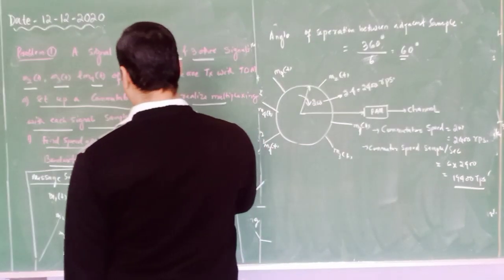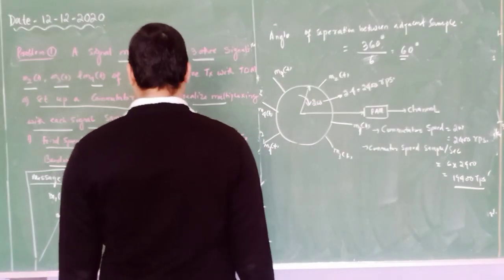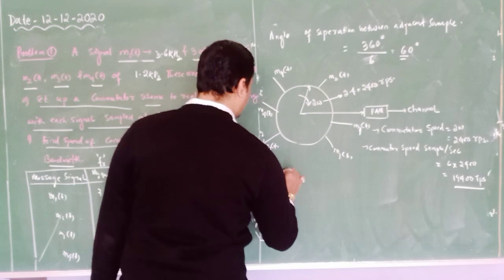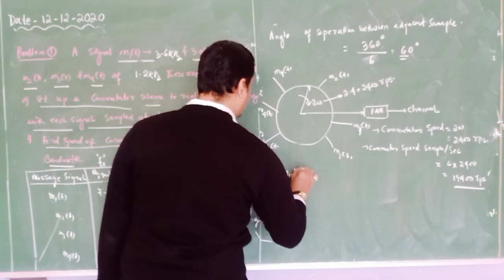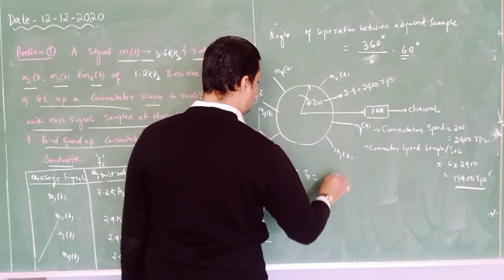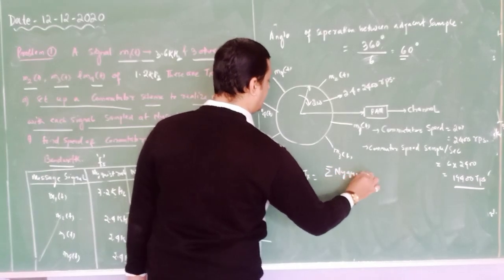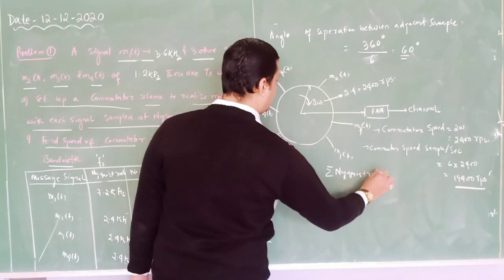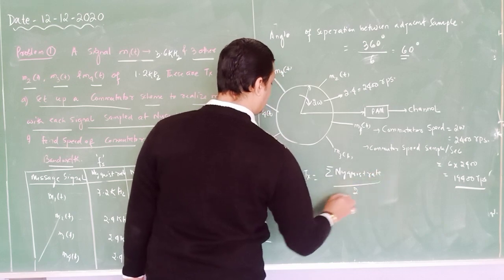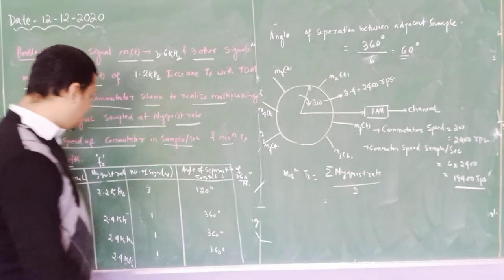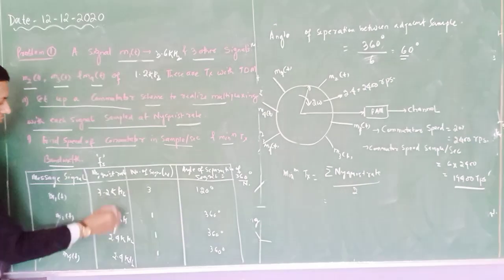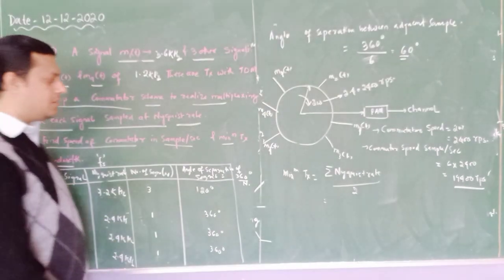Next, find the speed of the commutator and the minimum transmission bandwidth. So the minimum transmission bandwidth is equal to the summation of the Nyquist rates divided by 2. So now you have to add all these, 7.2 and 2.4.